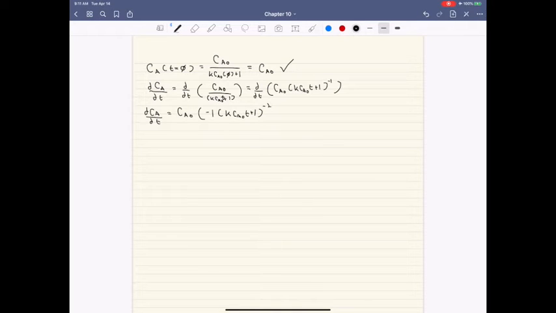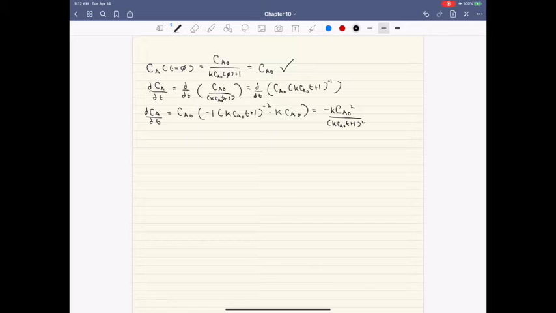And so the derivative of that with respect to time is just k CA naught. Okay? And so if we simplify all this, what we end up with is CA naught squared times k over k CA naught t plus 1 squared.